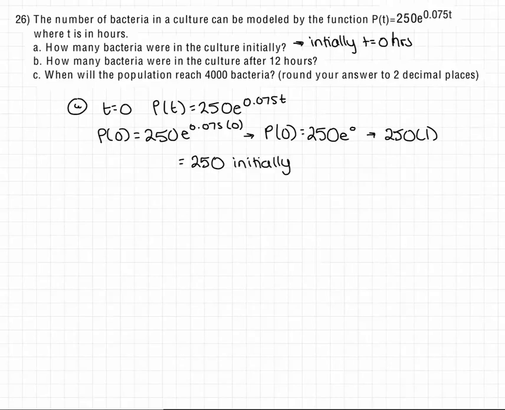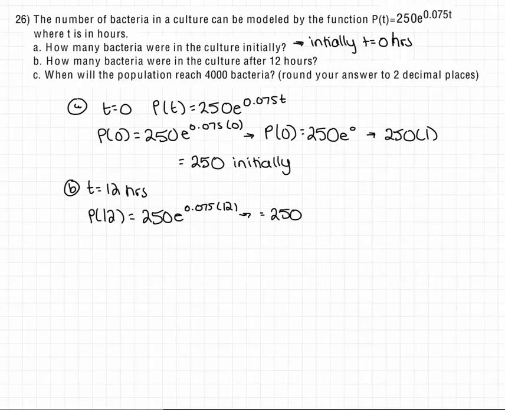Now, for part B, it states how many bacteria were in the culture after 12 hours. So now instead of t equals 0, t is equal to 12 hours. So we're going to follow the same steps and plug in 12 for t. So when we do that, we get 0.075 times 12. When that is reduced, we get 250e raised to the power of 0.9.